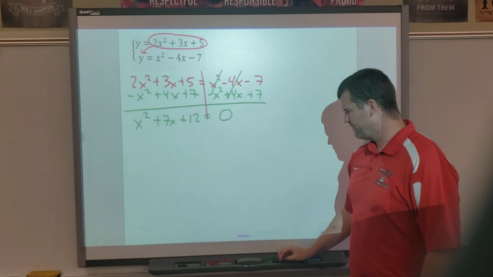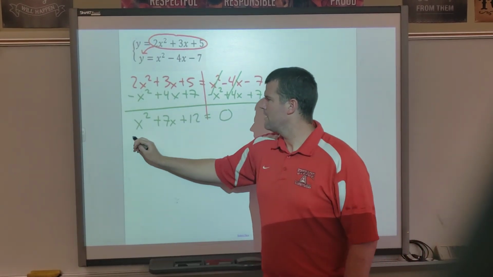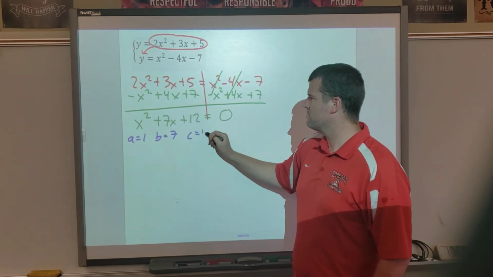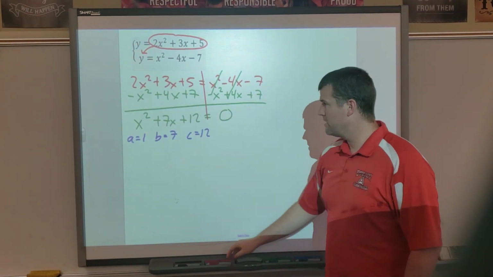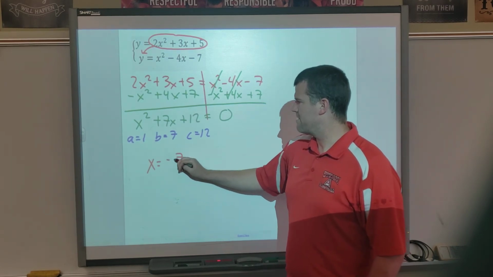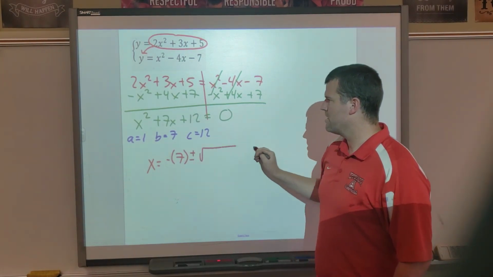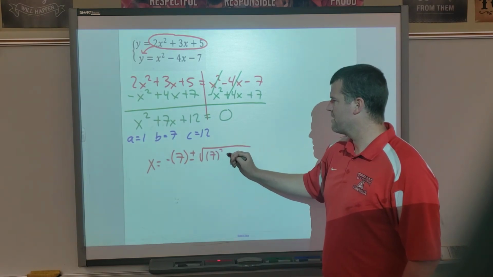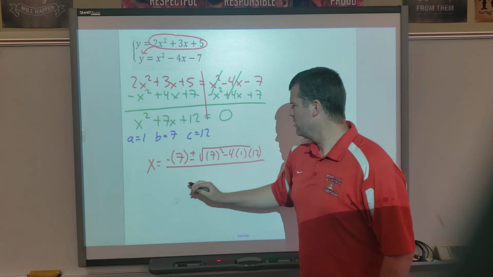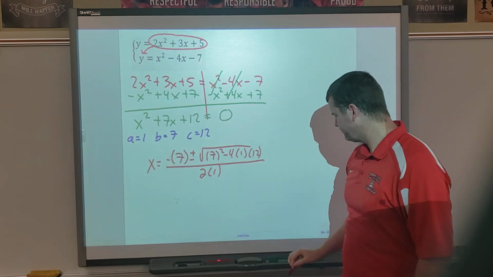Perfect. A equals 1, B equals 7, C equals 12. Plug that into the quadratic formula. X equals -7 plus or minus the square root of 7 squared minus 4 times 1 times 12, all over 2 times 1.